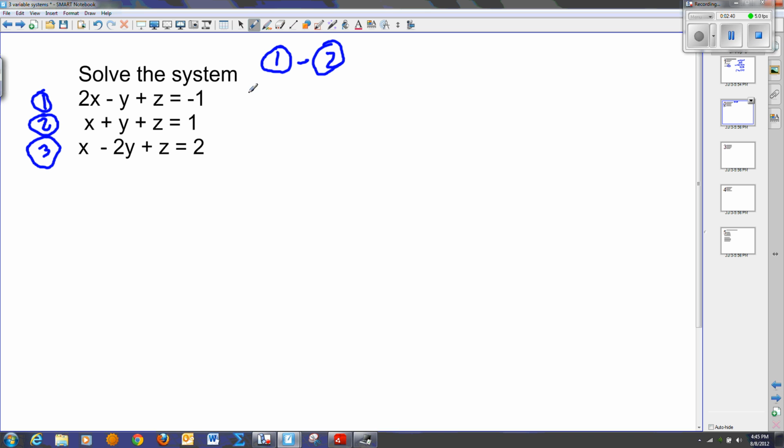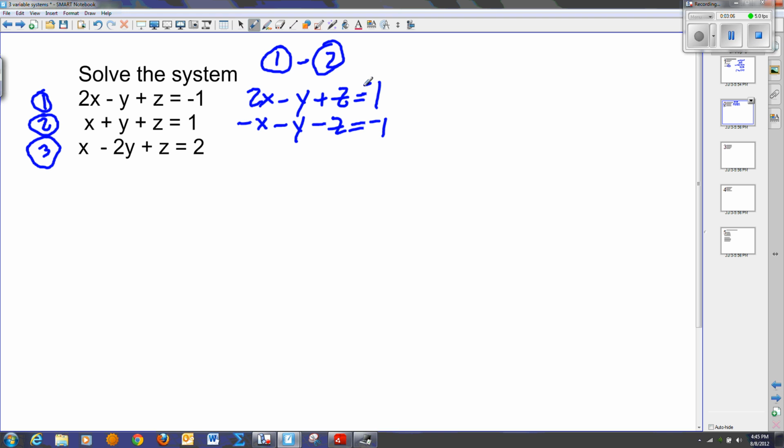When I do this, I get 2x minus y plus z equals negative 1. And when I say subtract, that means I'm taking the opposite of every term in the second equation. So that becomes negative x, negative y, negative z, equaling negative 1.